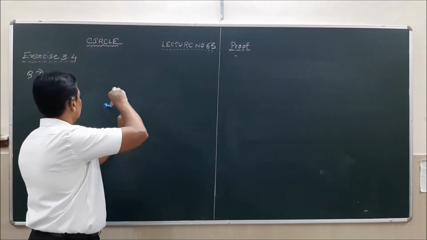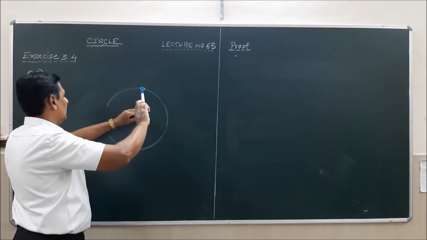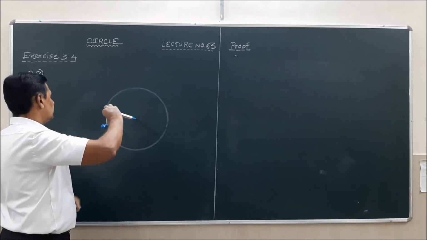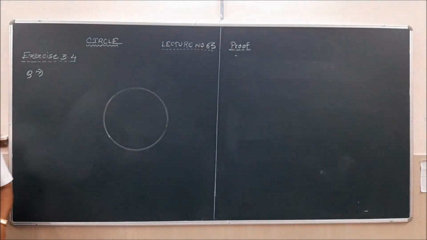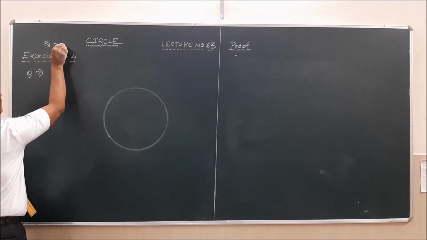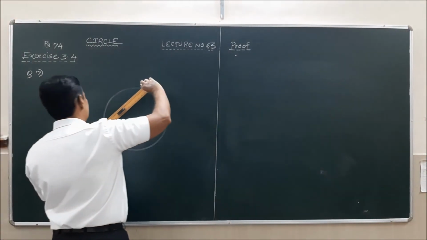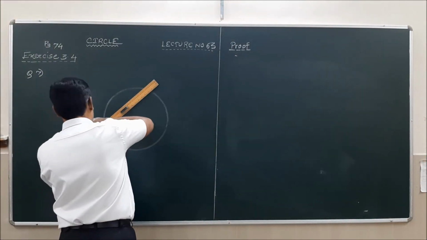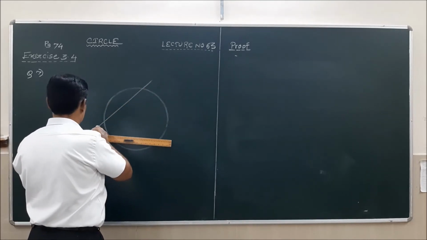Please have a look here, the figure is there. The page number is 74. Then you will find the figure is given in which point N is lying outside the circle.